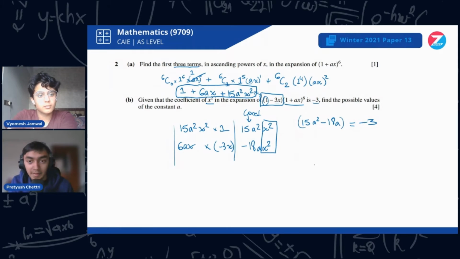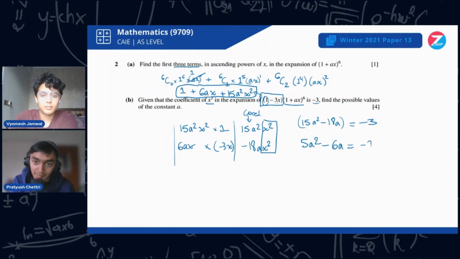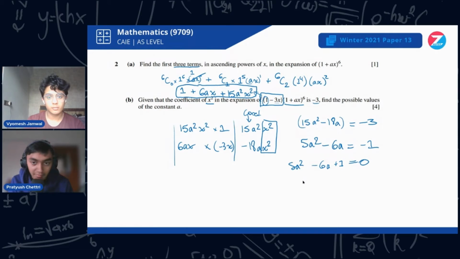When you look at that, it's in the form of a quadratic equation. You could even reduce it down a bit: 5a squared minus 6a is minus 1. Then bring everything to one side, make it equal 0: 5a squared minus 6a plus 1. Put it in your calculator's quadratic solver: 5, minus 6, 1.